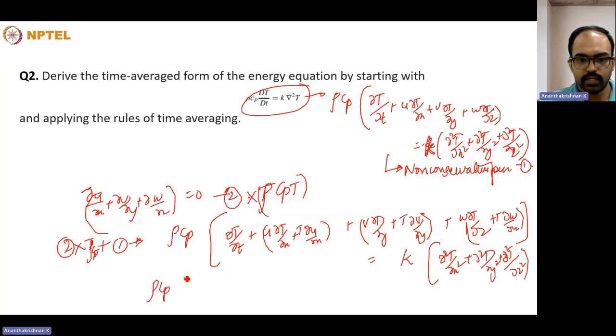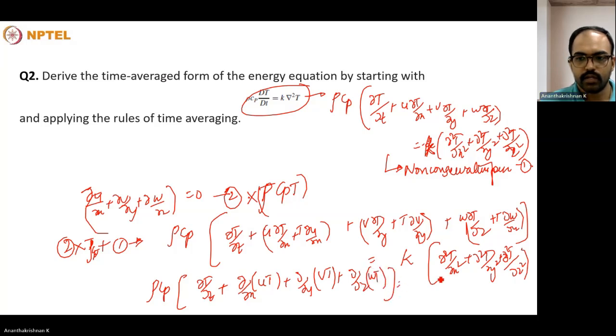So ρCp ∂T/∂t plus ∂/∂x of (uT) plus ∂/∂y of (vT) plus ∂/∂z of (wT) is equal to k times (∂²T/∂x² plus ∂²T/∂y² plus ∂²T/∂z²).